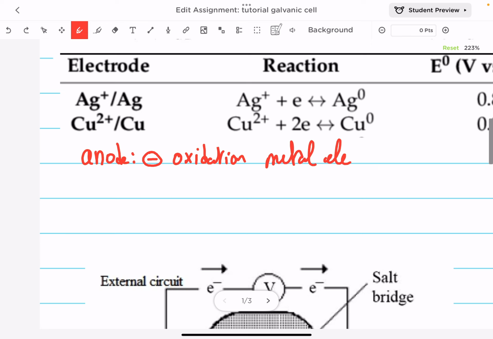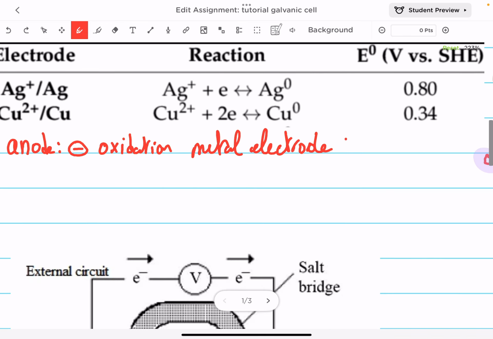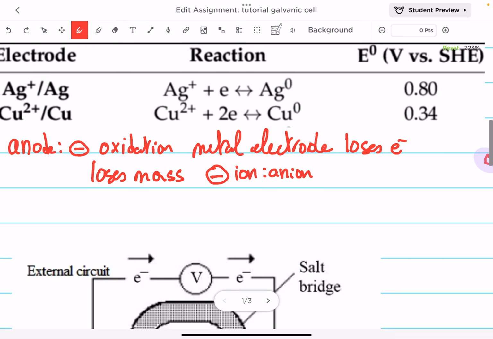The metal electrode is the one that starts reacting, and it's the one that loses electrons and loses mass as well. It reduces in mass, this anode, and the negative ions called anions in the salt bridge migrate towards it. So the negative anions migrate toward this electrode.